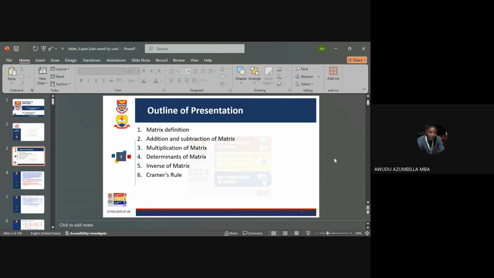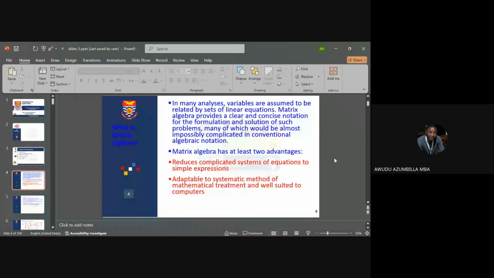So let's quickly run through the definitions and then we have time for the inverse and the Cramer's rule. Even if we cannot move into the two, we should be able to cover up to the determinants of matrices so that when we meet next time, we'll finish it up with the inverse and Cramer's rule. Okay, so in many analyses, we assume that variables are related by a set of dependent functions or linear equations.